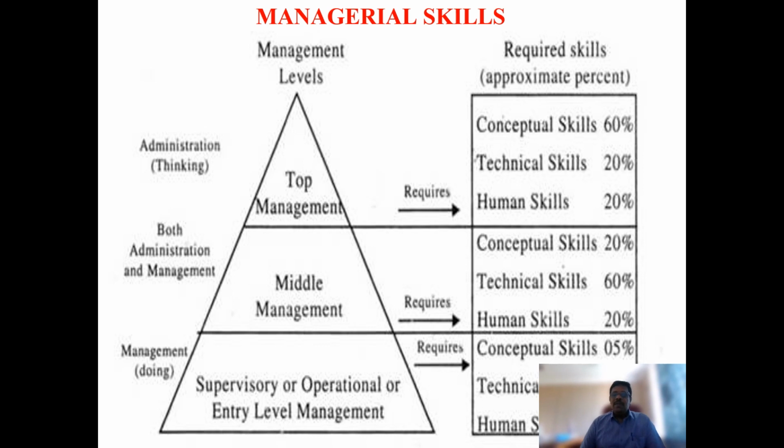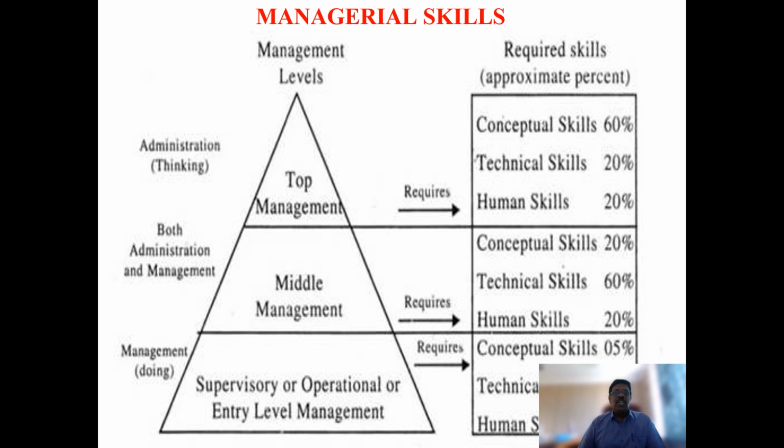Then the third skill is human skill. The human skill is common to all levels of management. These skills enable managers to make use of human potential in the company and motivate the employees for better results.